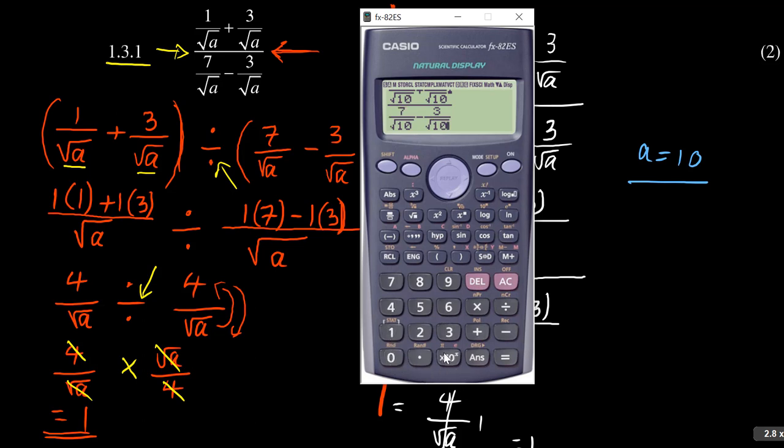So you see, I was putting square root of 10 everywhere, and my answer must give me a 1. If it doesn't give me a 1, it means my solution is wrong. So that's how I prove that my final answer is indeed equal to 1.